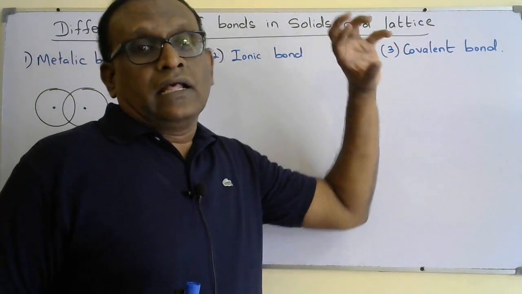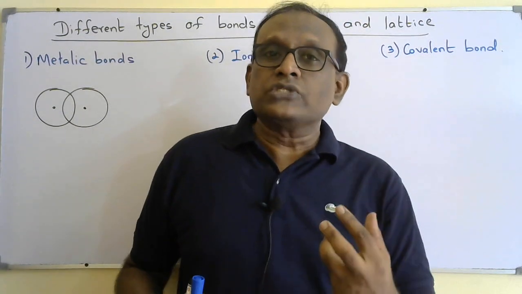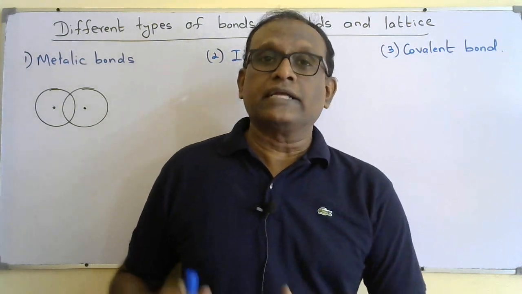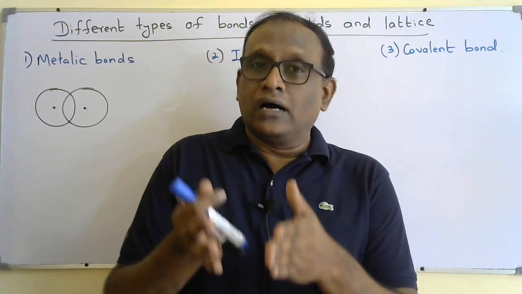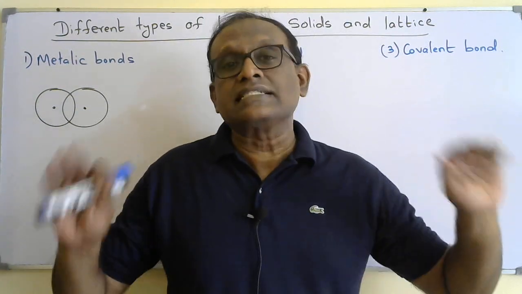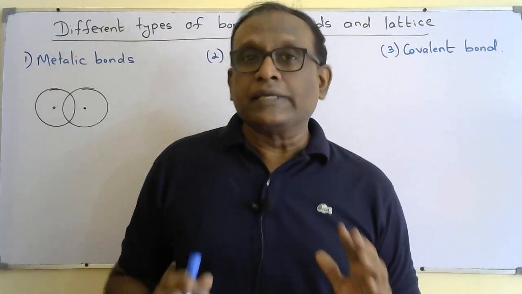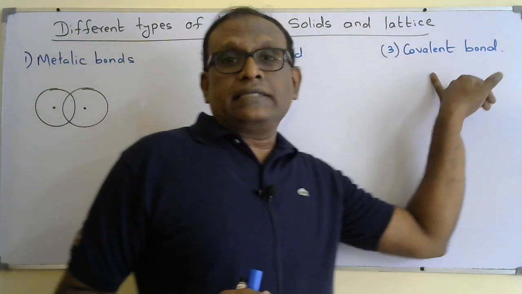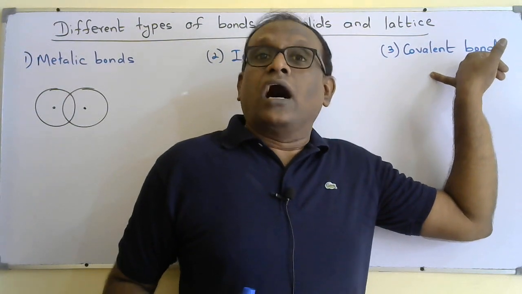So remember that the materials used in design or making of semiconductor components such as diodes, transistors, integrated circuits, operational amplifiers, they all are semiconductors. All semiconductors form covalent bond, and that bond is very useful.